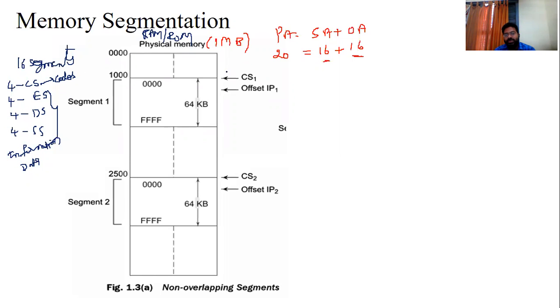For suppose you want to store information like triple section A, where is it stored: at the extra segments or data segments, or code segments or stack segments? No, it is stored at the data segments. Extra segments you can also use for data segment purposes.